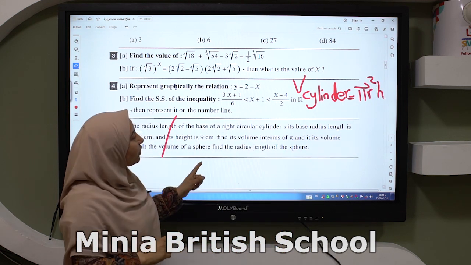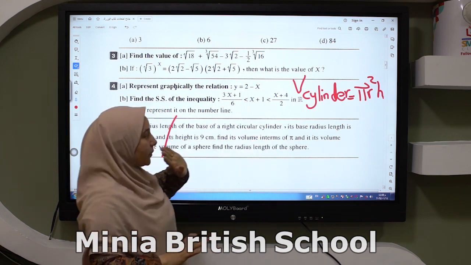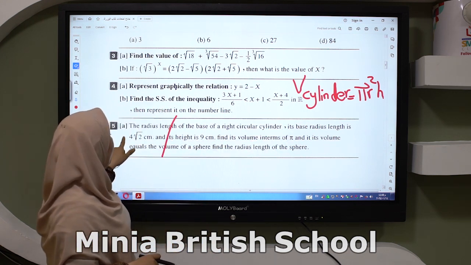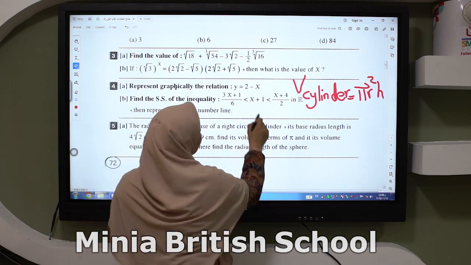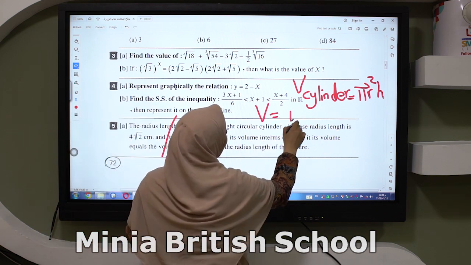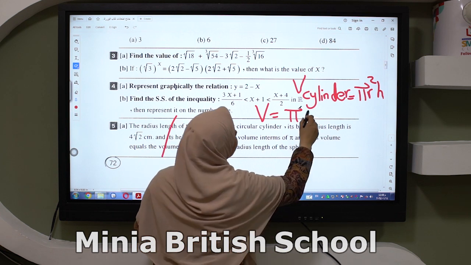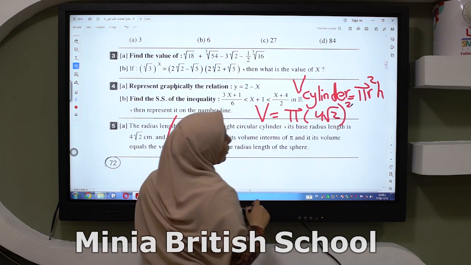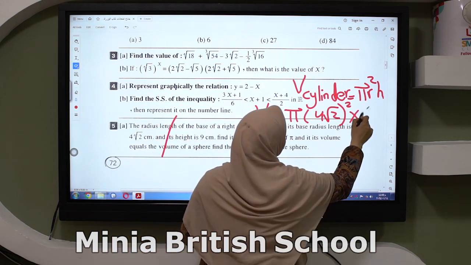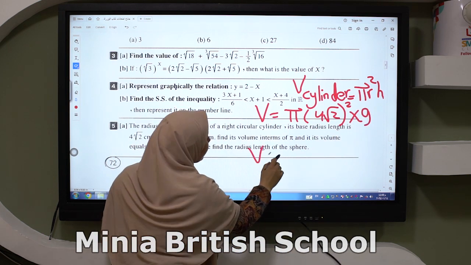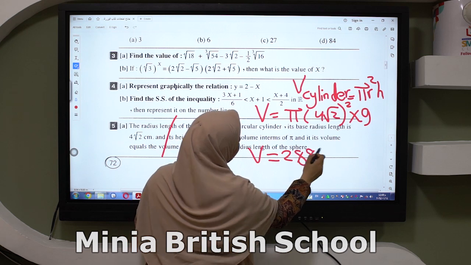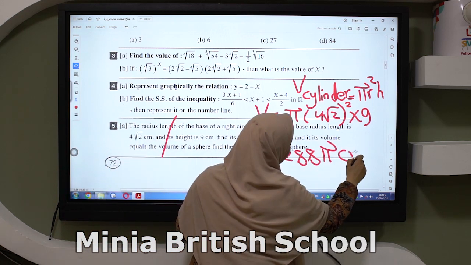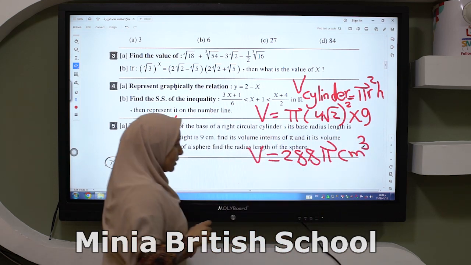I will find the volume in terms of pi. H here equals 9 and the radius length equals 4 root 2. Then the volume equals pi times 4 root 2, all power 2, times 9. Then the volume equals 288 pi cubic centimeter. Don't forget the unit.